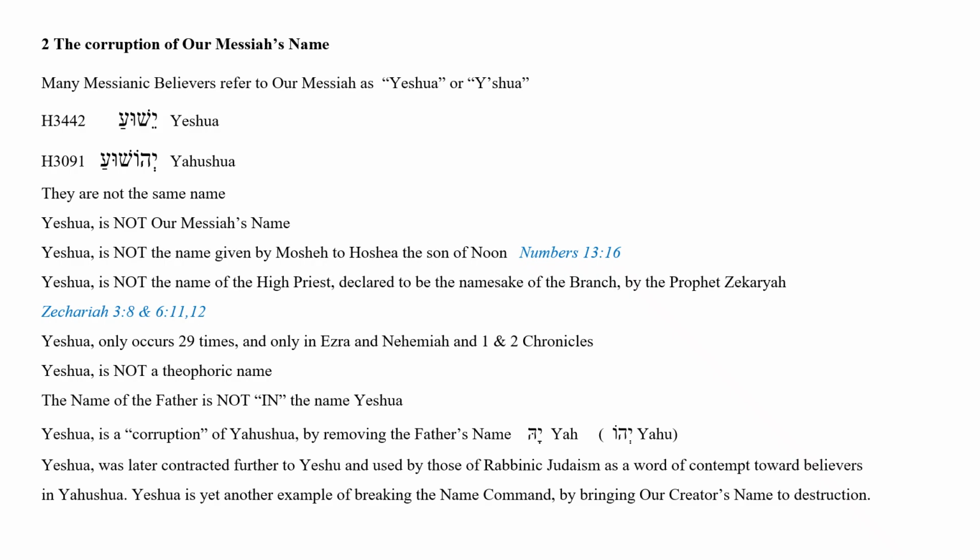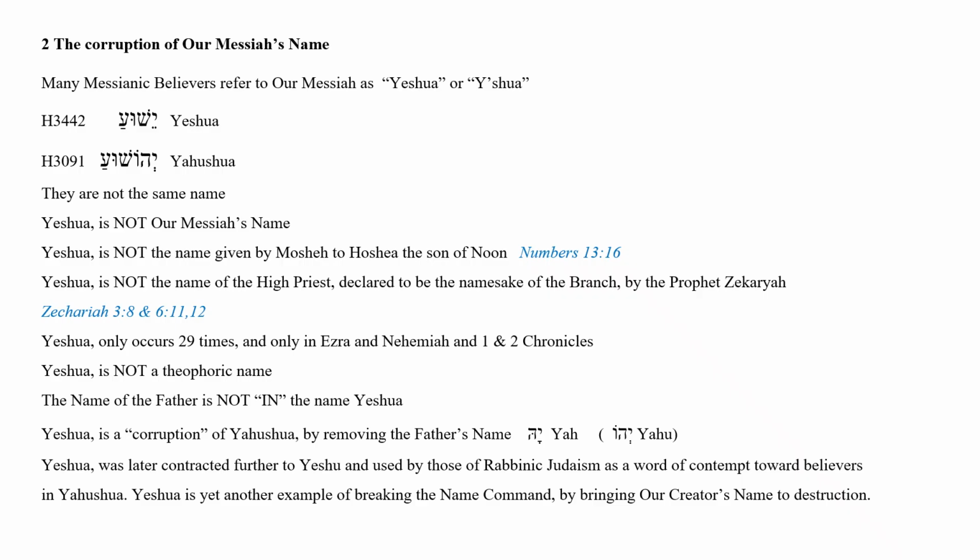Yeshua is not the name of the high priest declared to be the namesake of the branch by the prophet Zechariah. Yeshua only occurs 29 times and only in Ezra and Nehemiah and 1st and 2nd Chronicles. Yeshua is not a theophoric name. The name of the Father is not in the name Yeshua.